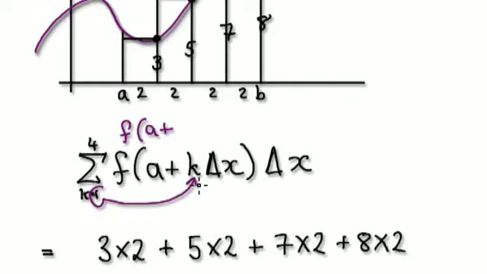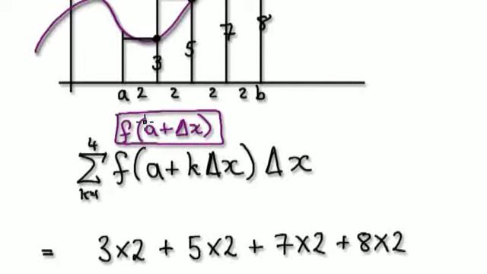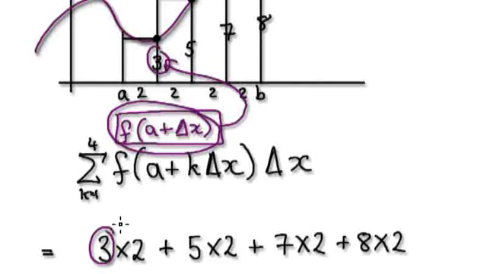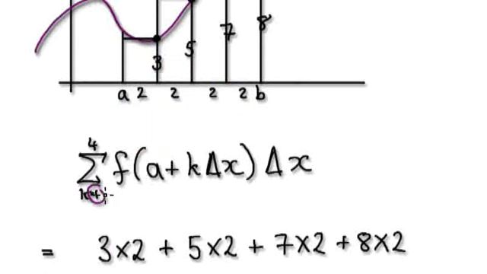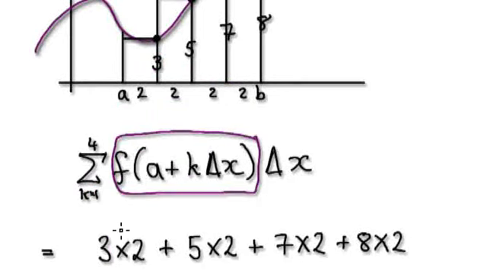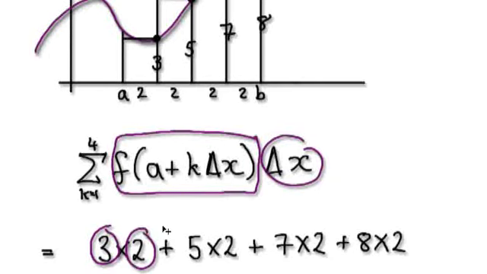Remember, when you put 1 into here, it will give you just delta x. Now this thing here represents the height. So the whole thing here is 3. That's this 3 here. And then delta x is just 2.